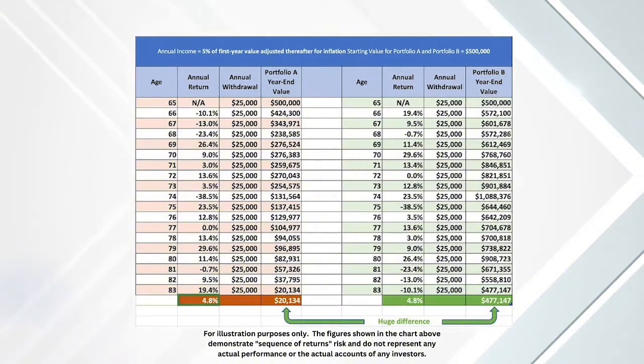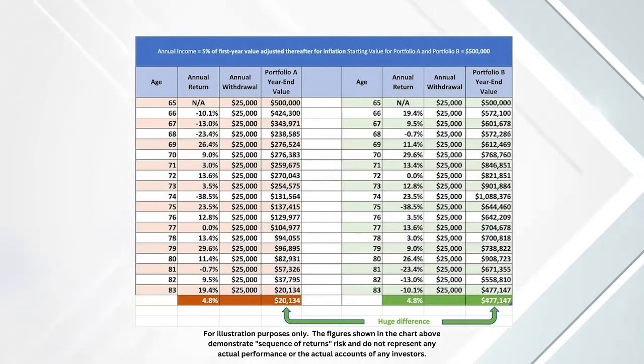Same average rate of return of 4.8%, but we start taking 5% from the portfolio. We take 5% or $25,000, and because of those negative rates of return early, the portfolio falls from $500,000 all the way down to $20,000. And that's because of the early negative rates of return.